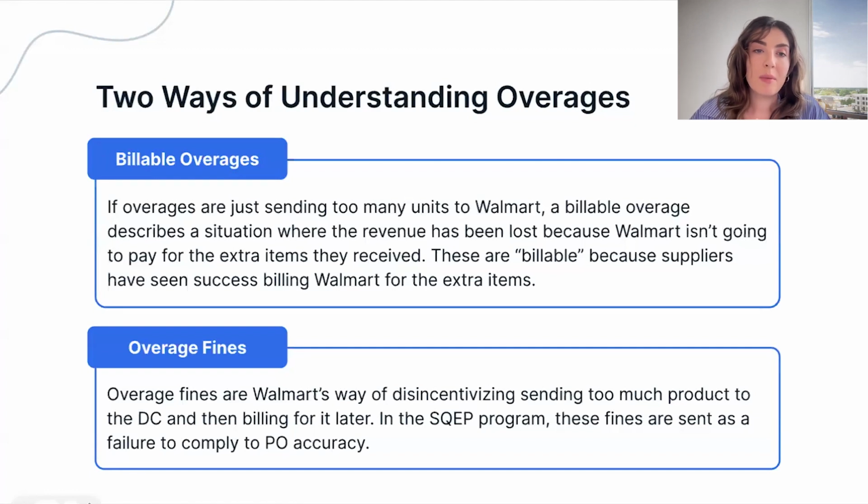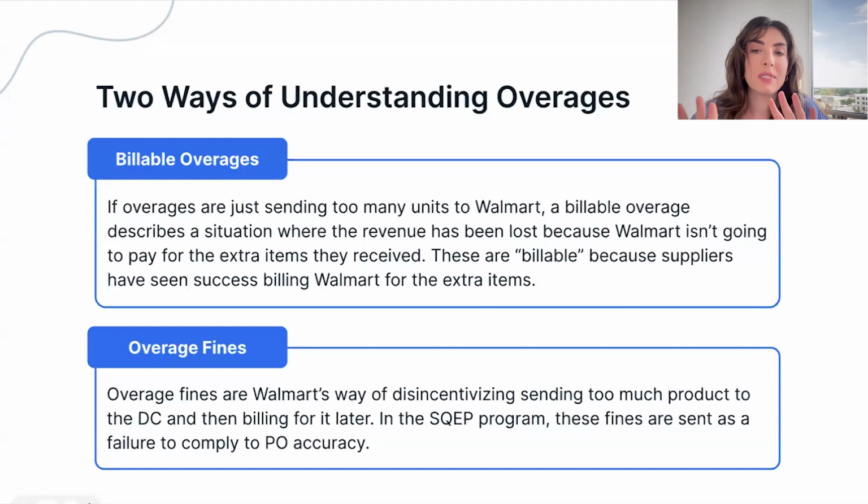So first off, billable overages are when you're sending too many units to Walmart, and it describes a situation where revenue has been lost because Walmart's not going to pay for the extra items received. And these are going to be considered billable, meaning you can send Walmart an invoice because you've had success billing Walmart for those extra items. And they're, to be clear, usually not tied to a fine, fee, or deduction.